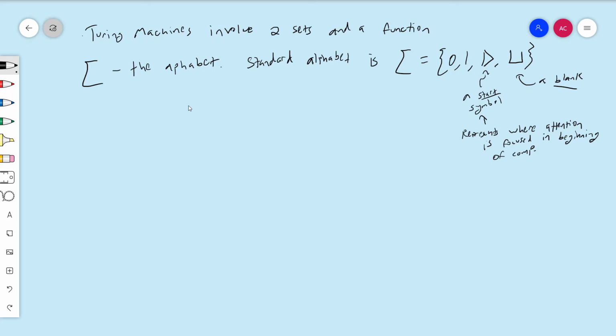But when you're building Turing machines, and I will assign you a few exercises to make Turing machines do specific things, you can make the alphabet whatever you want. If you're trying to do something with numbers, then you can make your alphabet 0 through 9. If you want to write out expressions, like adding a plus sign, you do you.